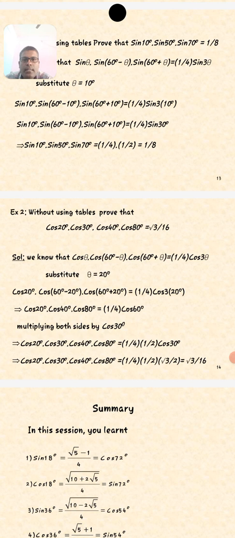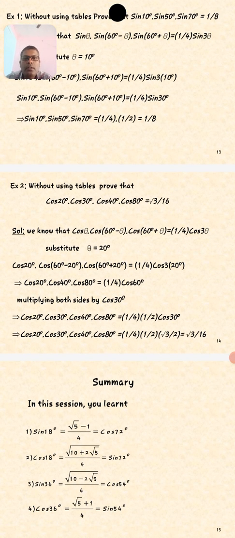We know that cos theta into cos 60 minus theta into cos 60 plus theta is equal to 1 by 4 cos 3 theta. Here in the place of theta we substitute 20 degrees. So cos 20 into cos 60 minus 20 into cos 60 plus 20 is equal to 1 by 4 cos 3 into 20.